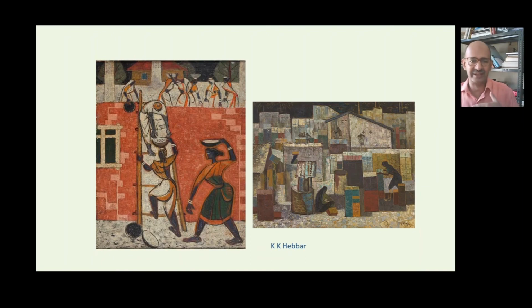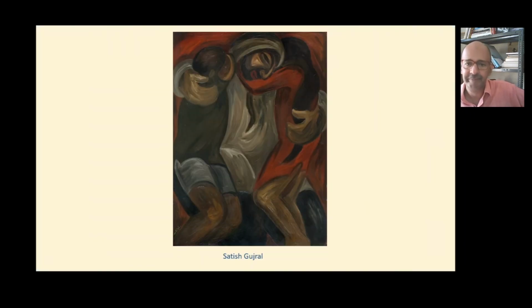So this kind of activity was pretty common in those days, and K.K. Hebbar was addressing them and therefore contributing to this particular genre, the urban experience based genre, the art which revolved around the new urban experiences in the post-independent era.